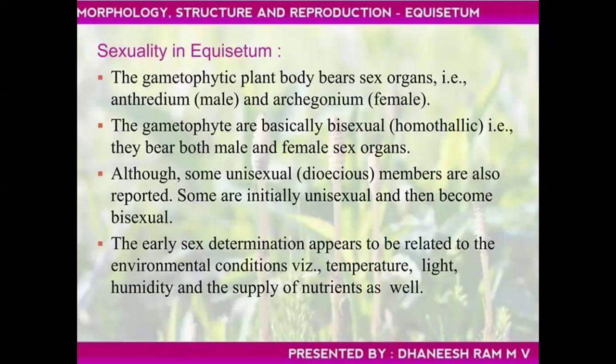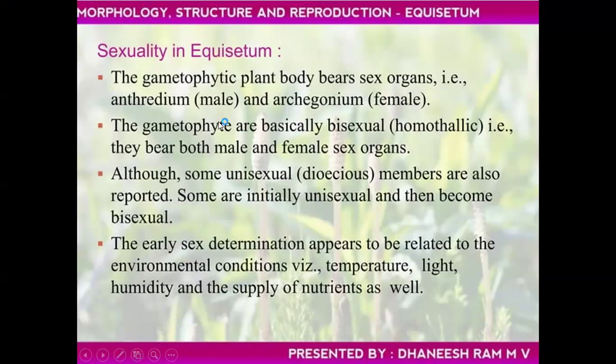The spores are released, germinate and develop into the gametophyte. On the gametophyte, sexual organs are developed. So here also in Equisetum, the spores developed in the sporangia are of the homosporous type.